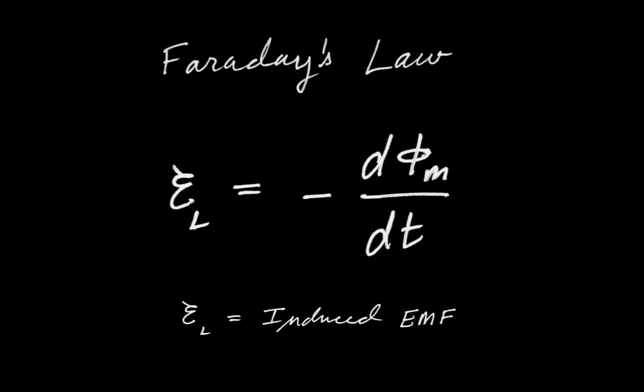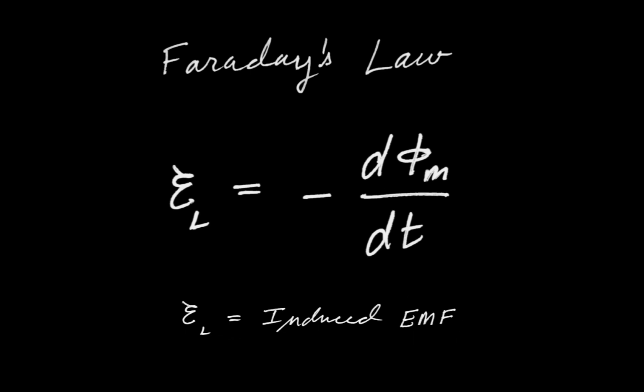Now, if the magnetic flux is increasing, then I'm going to get a positive result for this derivative. Faraday's law itself has a negative sign, which means, quite curiously, that if the magnetic flux is increasing, the induced EMF will be in such a way as to oppose the change. And that's an idea that we're going to keep in mind throughout the entire discussion, not only in this video, but in the videos to come. The induced EMF in a loop opposes the change in the magnetic flux through that loop, and that's the reason for the negative sign.